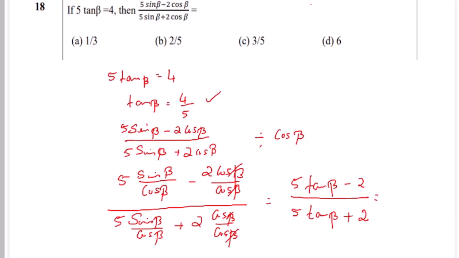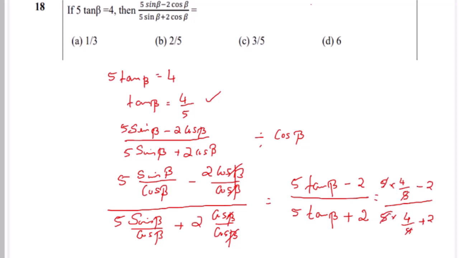So that is equal to 5 into 4 by 5 minus 2 upon 5 into tan beta, again it is 4 by 5, plus 2. Now 5 and 5 get cancelled. Here also 5 and 5 get cancelled.